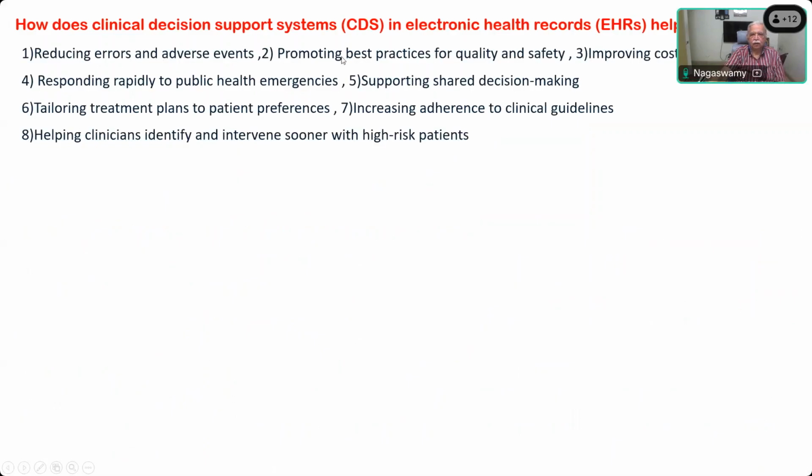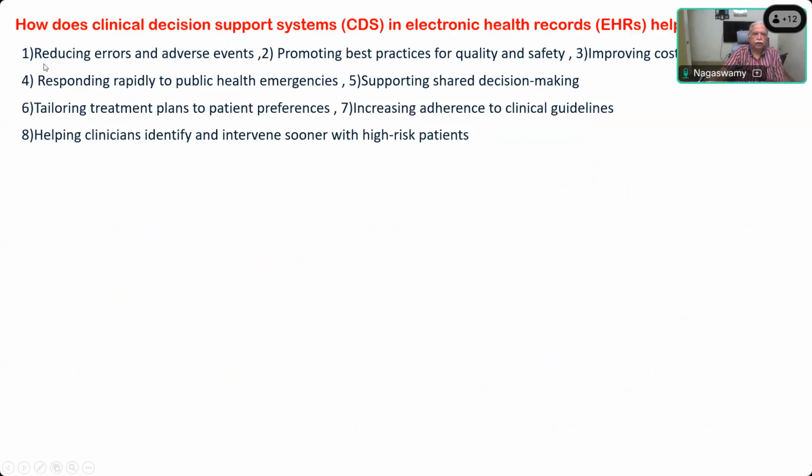This is a new thing, automatic recording of intraoperative events. The monitoring chart which we manually fill up is now slowly getting replaced by the electronic health record system. In that there is a component called clinical decision support system. That is, it helps you to make a decision of what to do in case of something going wrong.